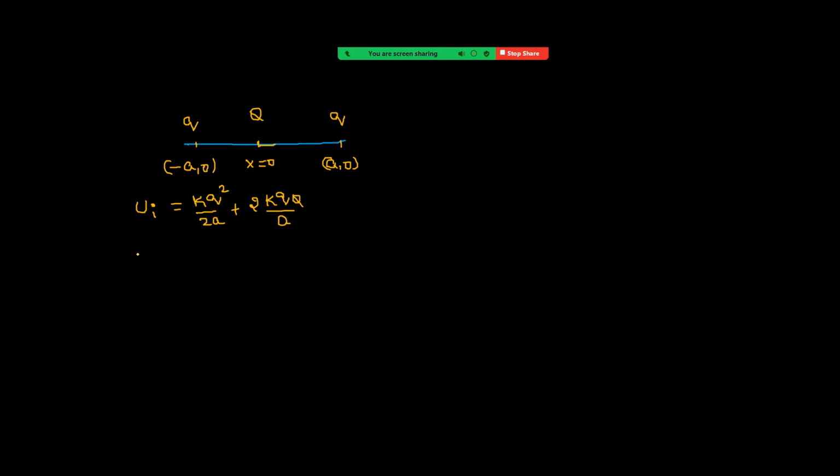Let us take now finally how much. Coming to this value, no change. But coming to here, k, q and Q, it is 1 by a minus x. Other becomes a plus x.